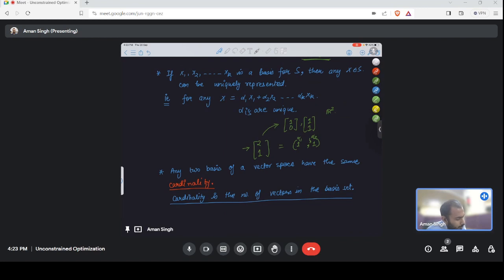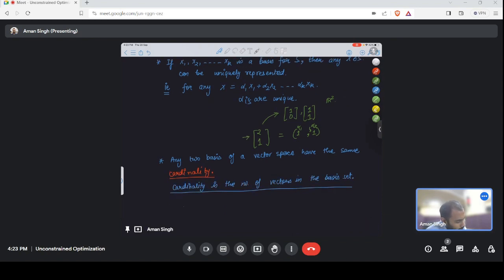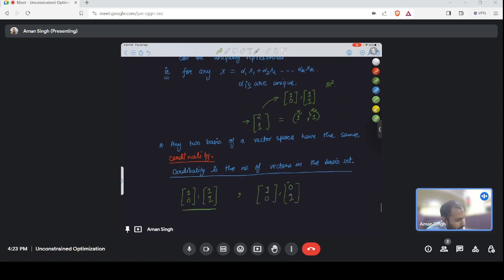So what this property says is, if we have any two bases, as we saw earlier, (1, 0) and (1, 1), this is one basis set, and there is (1, 0), (0, 1). Cardinality here is the number of vectors in the basis set. Here cardinality is 2. Here also cardinality is 2.